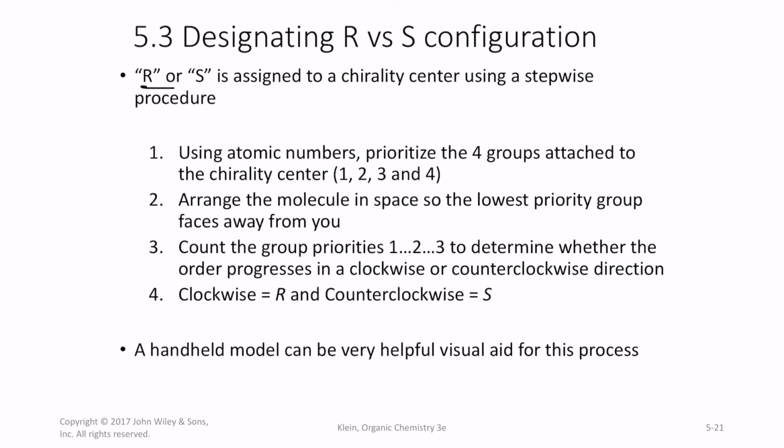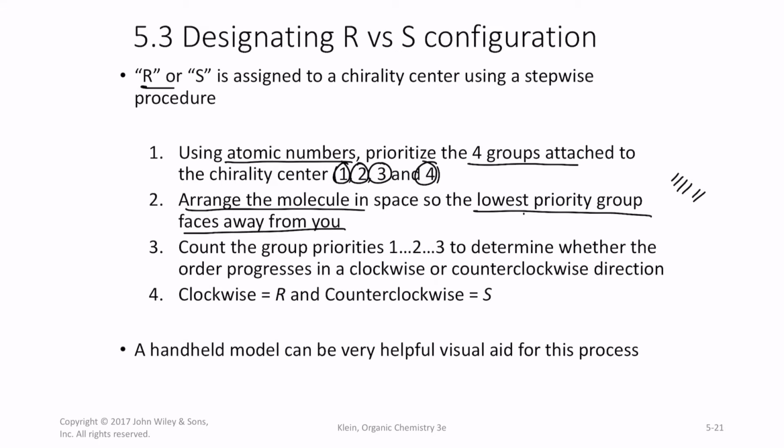First thing that we do is, using the atomic numbers, we prioritize the 4 groups that are attached to the chirality center as 1, 2, 3, and 4. And we arrange the molecule in space so that the lowest priority group always faces away from you, which means it's in the back. So the lowest priority group should always be in the dashed line.